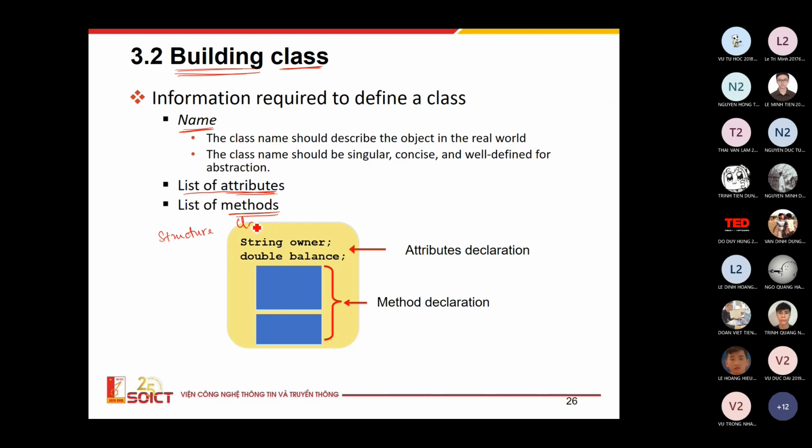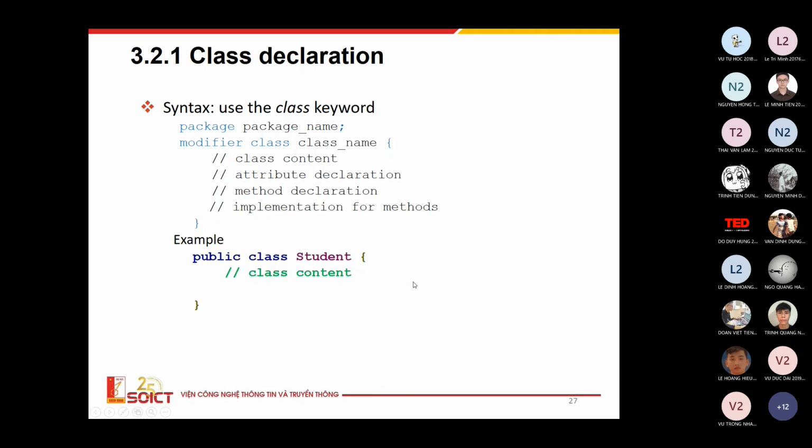Firstly, you will have the class name, and then you declare the attribute, and then you declare the method. This is the structure of a class. And in the example, you can see the syntax to use to declare the class. Remember the keyword class is used to declare a class.